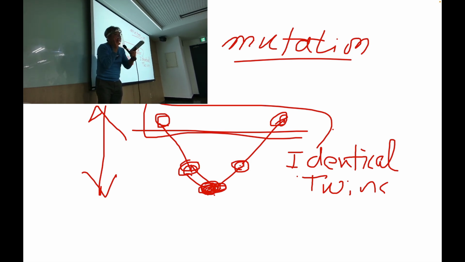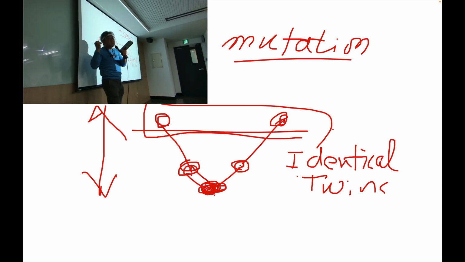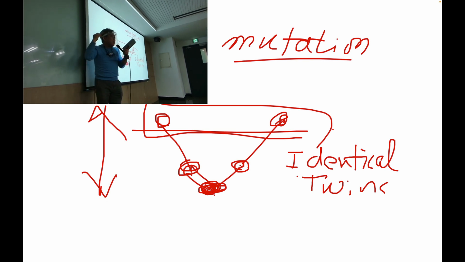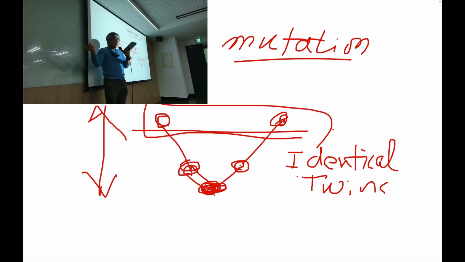It's not 100%, but a close enough matching DNA sequence indicates that you have been separated just very shortly before. That means, oh, it's right. This person is your son. This person is your daughter. That's the basic principle.